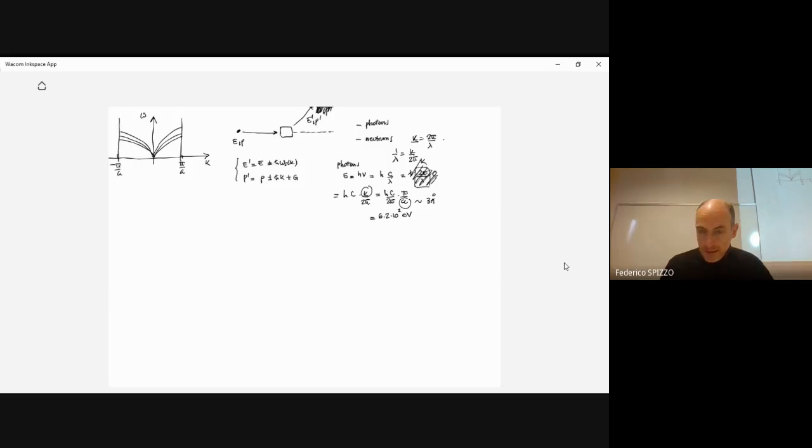The comment in this case is that for photons, you may have a photon that has the same wave vector as a phonon, but if you fix that constraint, then the energy of the photon is much larger than the typical energy of a phonon.